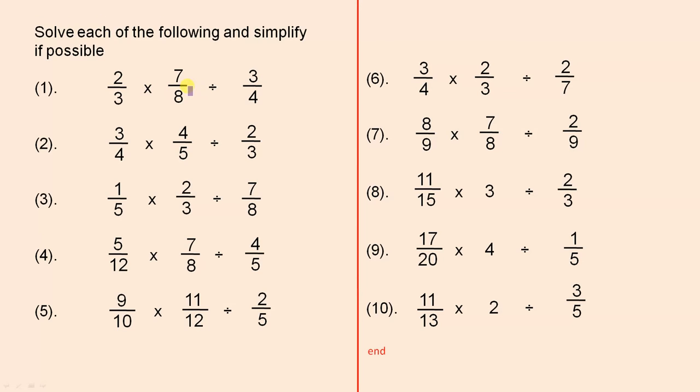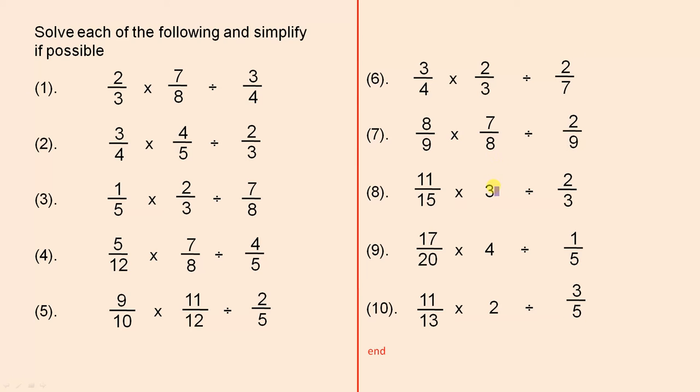You'll have 3 fractions and they'll be all multiplication signs. Multiply the numerators together. Multiply the denominators together. Now if the fraction can be simplified, you simplify it. If the answer turns out to be an improper fraction, change it to a mixed fraction.